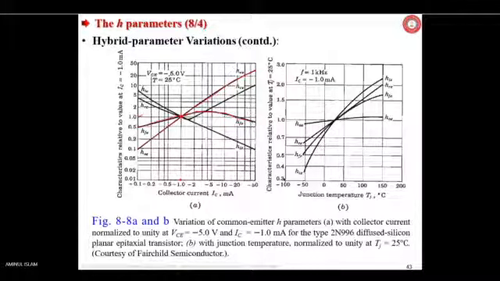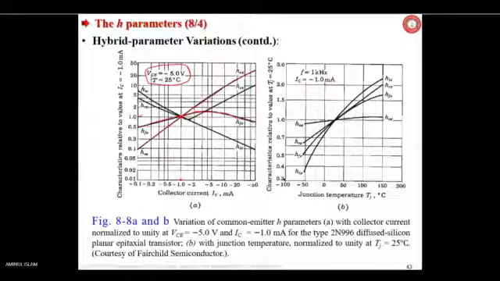So these are the characteristics, but the voltage taken and temperature taken is this: voltage VCE equal to -0.5 volt and temperature 25 degrees centigrade. This has been measured and plotted. This might be given by the manufacturer himself.